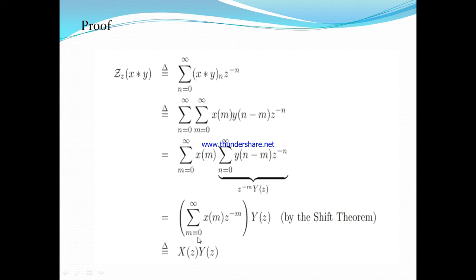Next, sigma m equal to 0 to infinity, x of m into Z power minus m is X of Z. So it's the standard Z transform definition, and then Y of Z. So finally we can prove the Z transform of x convolution y equals X of Z into Y of Z. So the Z transform of the convolution of these signals equals the multiplication of their respective Z transforms, the multiplication of signals in the Z domain. Hence the convolution theorem is proved.